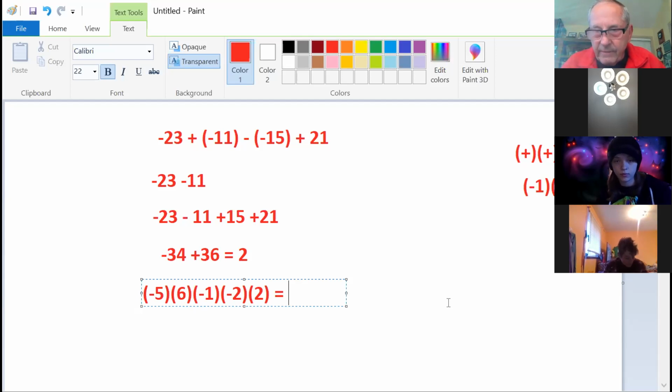You end up with a negative, right? But it's just as easy to go through here and just count up your number of negatives. If it's odd, it's negative. If it's even, it's positive. Because right up here we said, if even, it's positive, right? So we're just obeying this rule that we put together up here, right? Does that make sense to everybody?